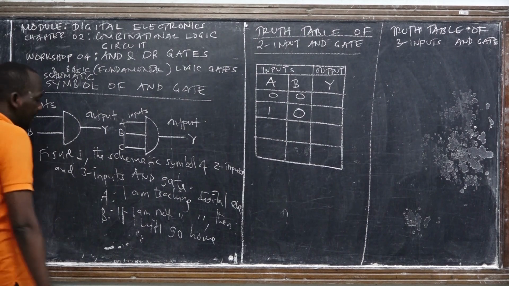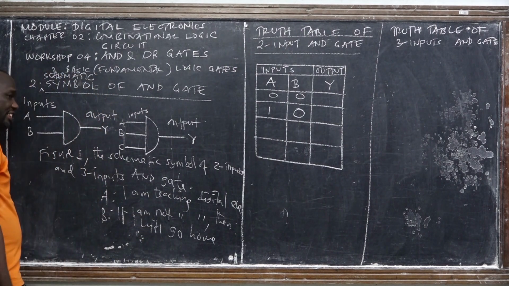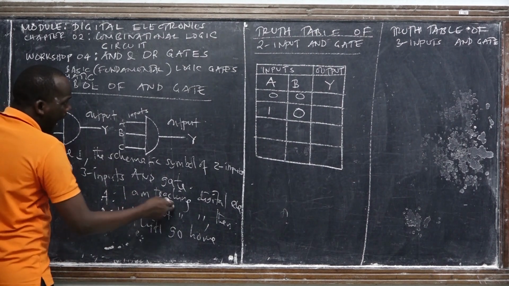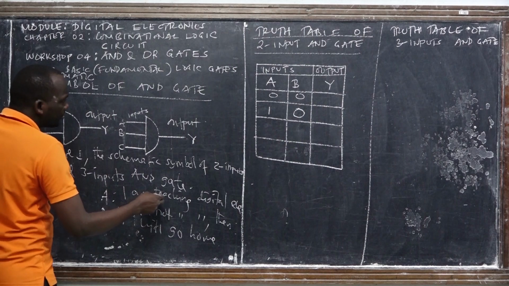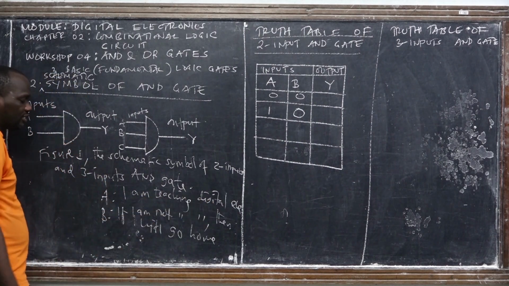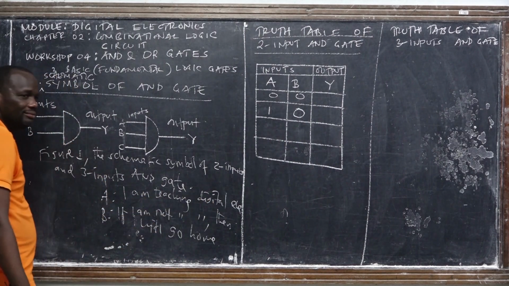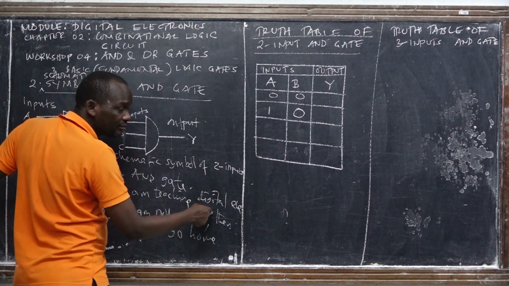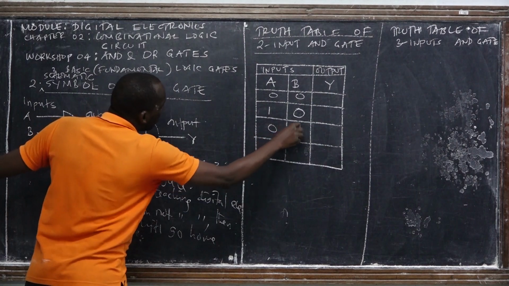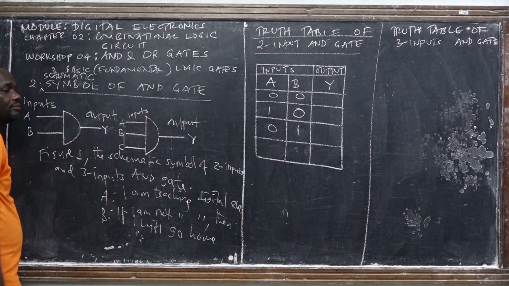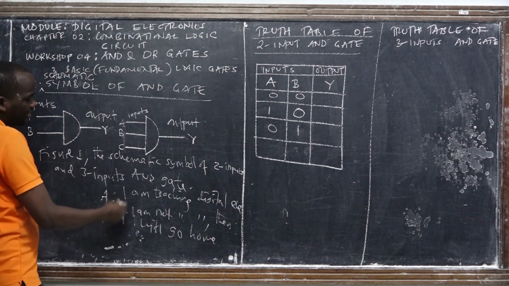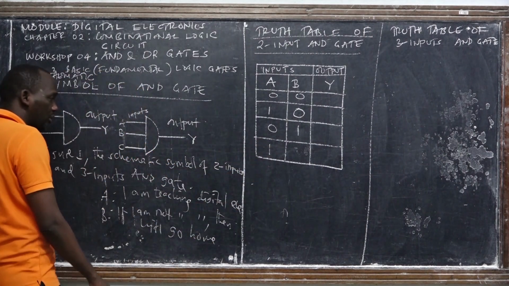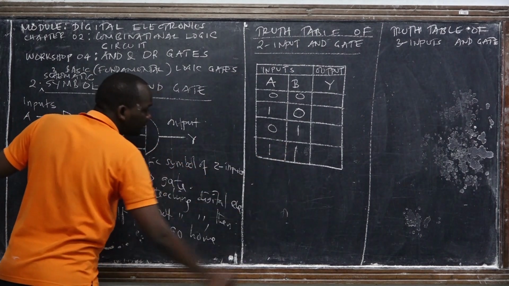The third possible combination: I am not teaching digital electronics, but I will go home. Right? I am not teaching digital electronics, but I will go home. Then the last combination: I am teaching digital electronics, and also I am going home.